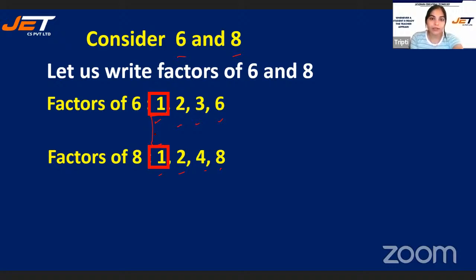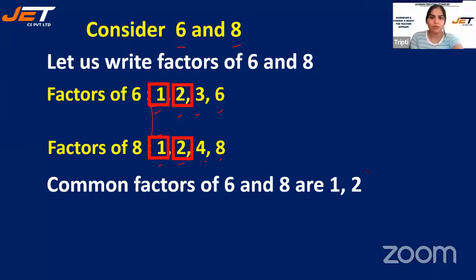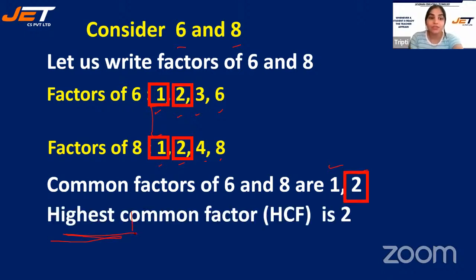Over here, another common factor is 2. That's it. 1 and 2 are the common factors. I don't see any other common factor. So the highest, yeah. So here, the highest common factor, the greatest common factor is 2. We call it HCF. In multiples, we did LCM, but here it's HCF.